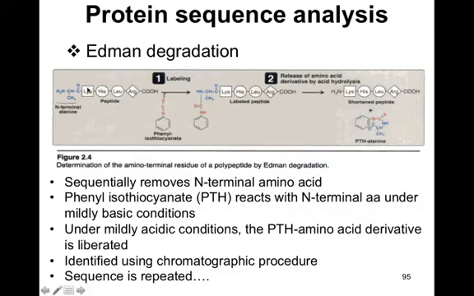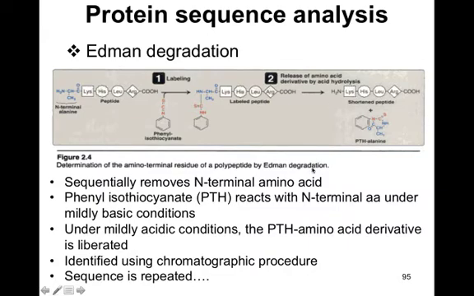In this case, the first amino acid is alanine. PTH is reacted with alanine, which forms this derivative of PTH. Using acidic conditions, this derivative is cleaved off. So now you have alanine getting separated, which makes lysine, the second amino acid, the first amino acid in the shortened peptide.